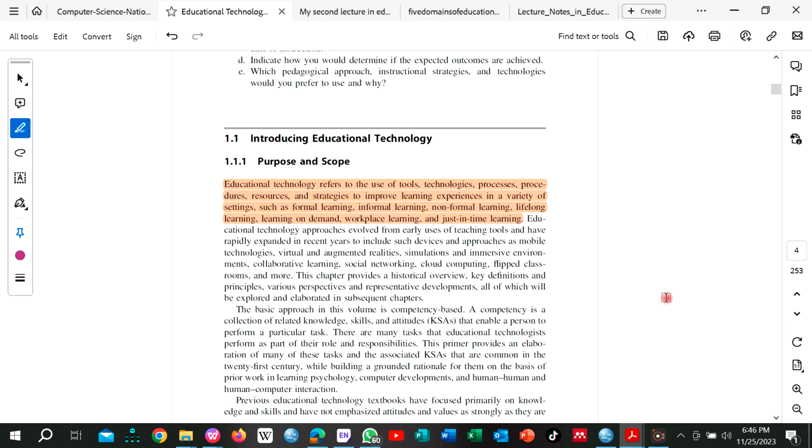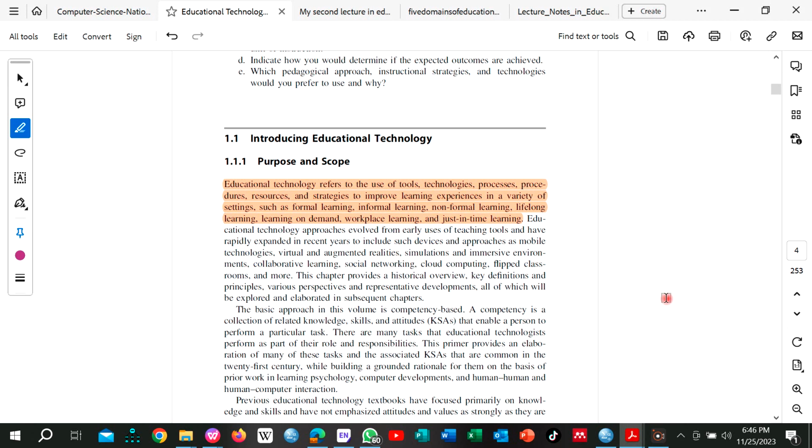Education technology has a bigger scope. It touches way back from the early uses of teaching tools, and it has come to the expanded recent devices and approaches like mobile technologies, augmented realities, simulations, and virtual realities.